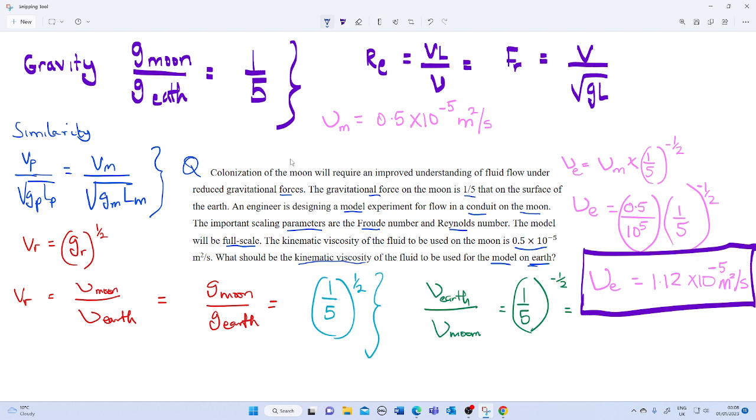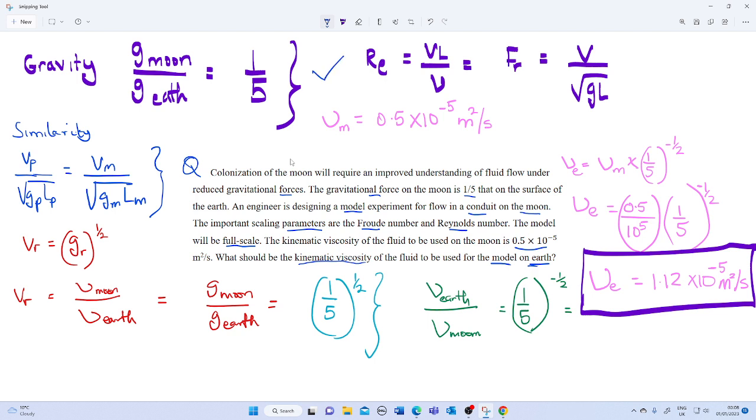Now, we were given in this particular question that the gravity ratio for an object from the moon to Earth is ratio 1:5, which is given.